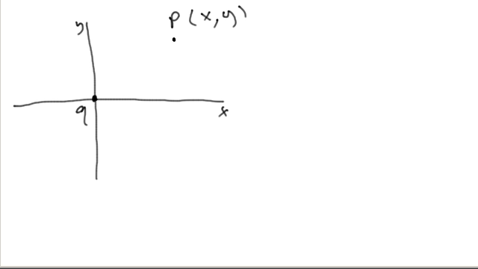I'm going to indicate the position vector of point P relative to the origin, and I'll call that R, and R is equal to X times I plus Y times J, because the charged particle that's causing the electric field at point P is at the origin.